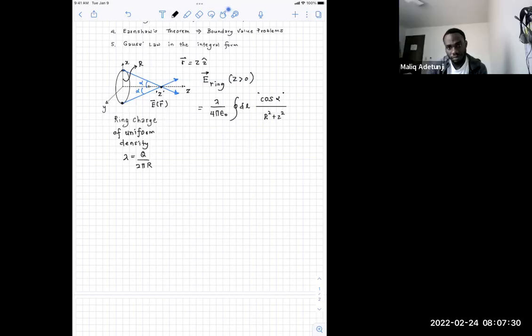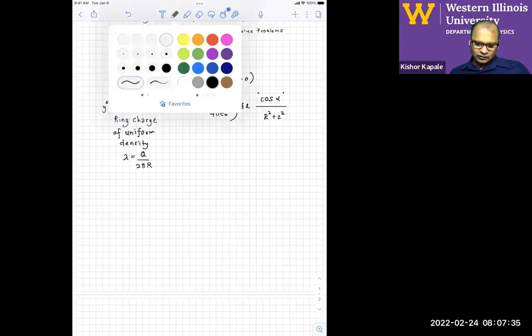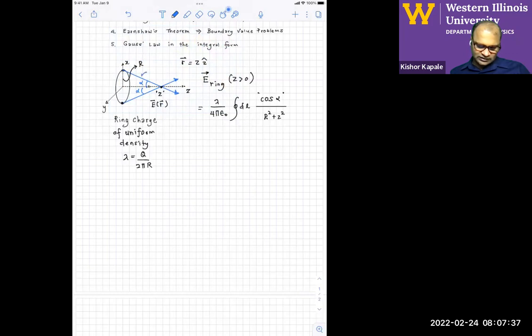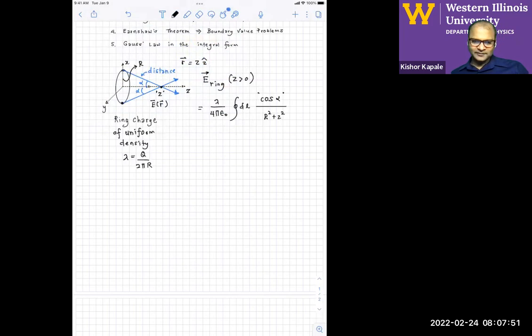And so r squared plus z squared is going to give you the distance here, right? So that's the distance. Right, and so that's what it is. Okay, so that's good. The distance part is good. Why do we have cosine alpha? Anybody? It's a vector, right? So it's going to be in the z direction. We already saw that it's in the z direction. Hence cosine alpha.